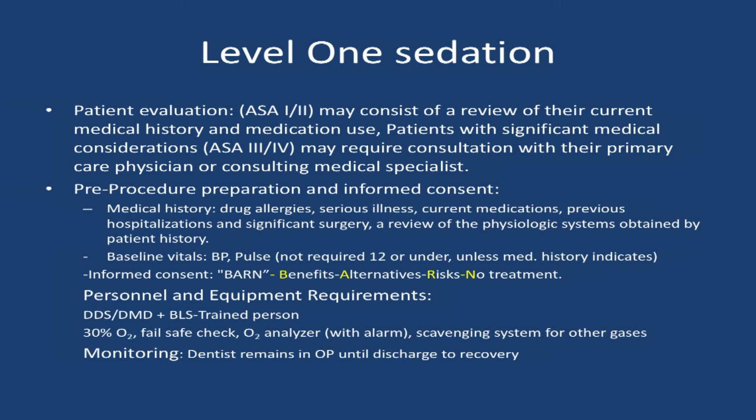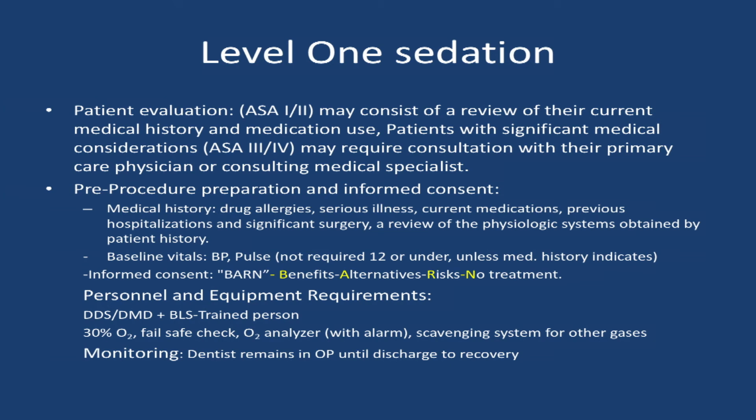Pre-procedure preparation and informed consent is really important. The medical history, drug allergies, serious illnesses, current medications, previous hospitalizations, and significant surgery, a review of physiologic systems identified by patient history, baseline vitals, blood pressure, pulse, not required for children under 12 in the state of Texas.